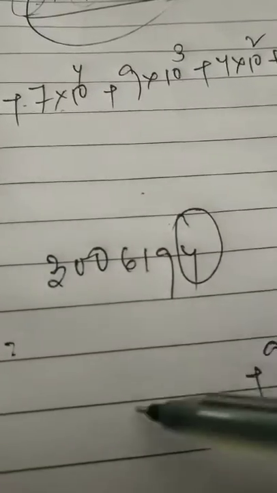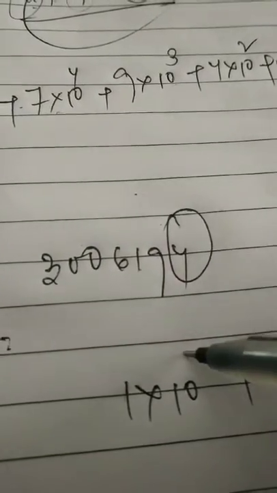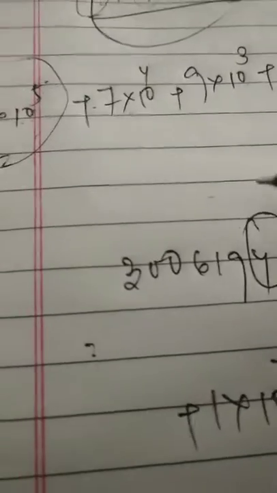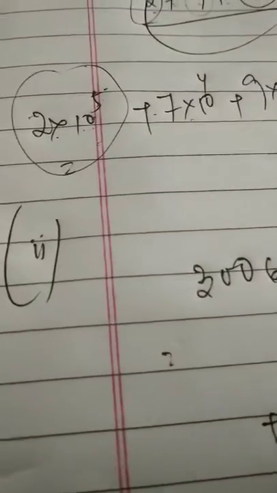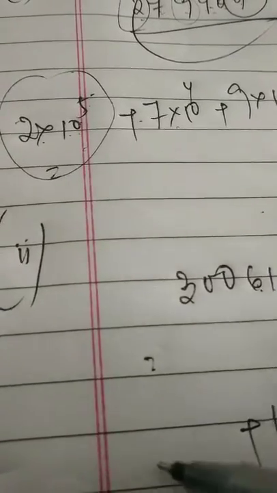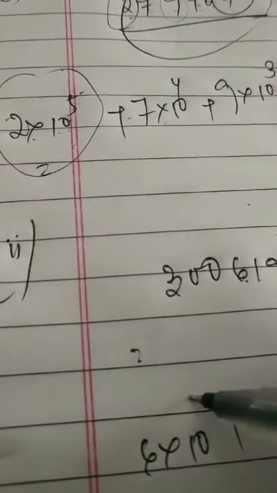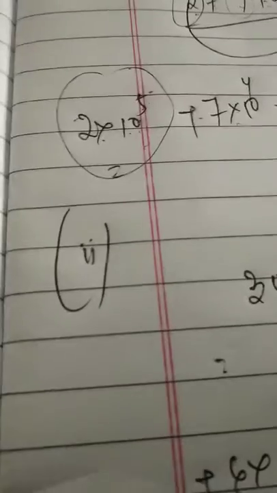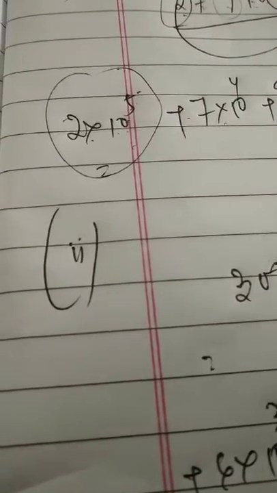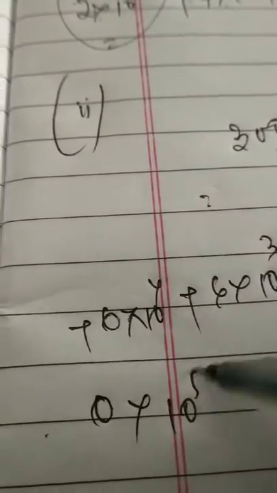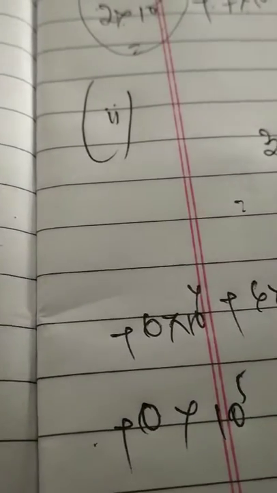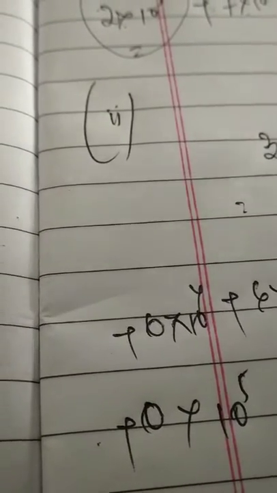So 1 into 10 to the power 2, plus the place value of 6 is thousands. So 1000 means 6 into 10 to the power 3, plus 0 in ten thousands. So 0 into 10 to the power 4, plus the next 0 is lakh. So 0 into 10 to the power 5, plus the next one is 3.